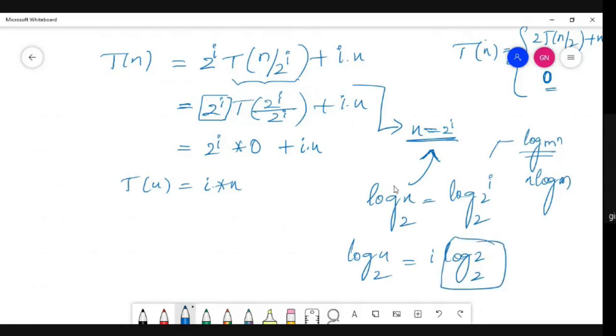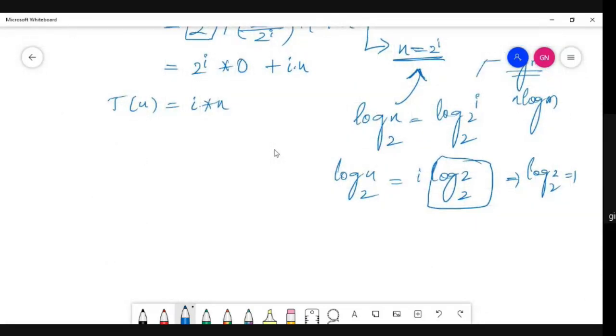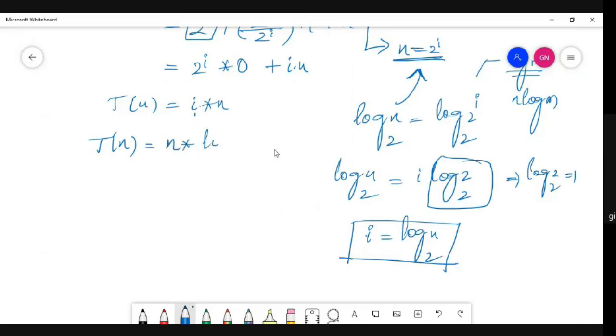And also log 2 to the base 2 is nothing but 1, right? So I get i value as log n to the base 2, right? Then I'll substitute this value. It becomes T of n is equal to, I'm substituting for i, and I already have n there, it becomes n log n to the base 2, right? This is what it is.